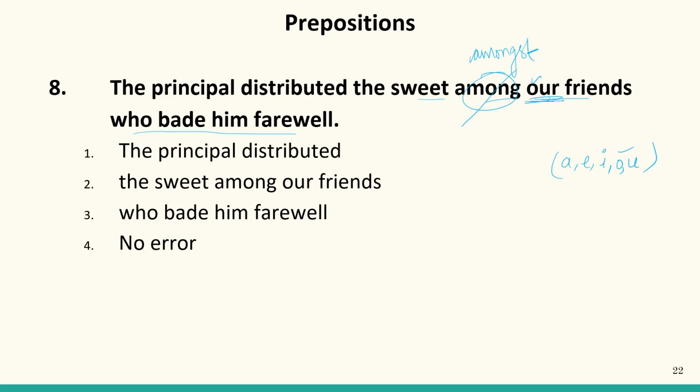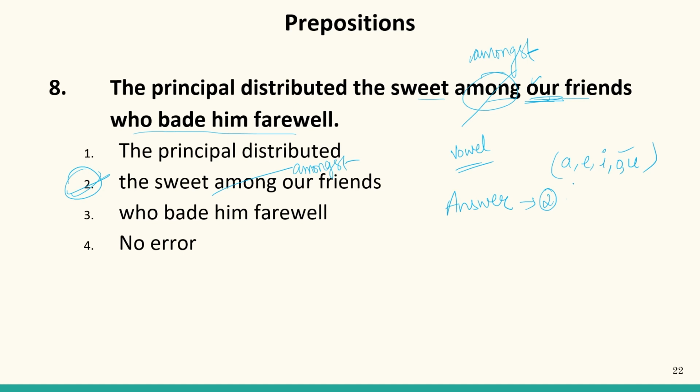Among is used when the word is not beginning with a vowel. One more thing to keep in mind is that we pronounce this word in a particular way; the correct pronunciation of this word is vowel. So here again the error will be in part 2. Here among should be replaced with amongst. So our answer will be 2.